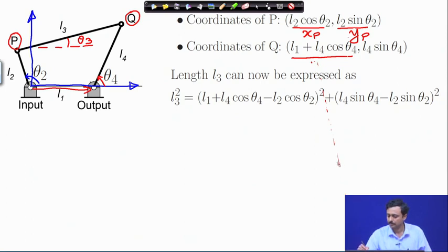So, L1 plus L4 cos theta 4 is the x coordinate of point Q, and L4 sin theta 4, you can see from the figure, is the y coordinate of point Q.